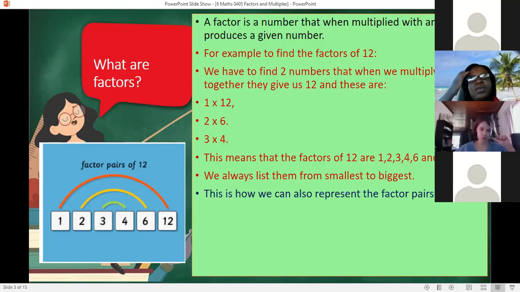And if we're looking for 7, 1 and 7 will be the first factors that you write. And then we can look for other numbers that when we multiply them together, they give us that number. So 1 and 12. So always write 1 and then write the number at the end. It means that the last factor is going to be that number. So the last factor is going to be 12.